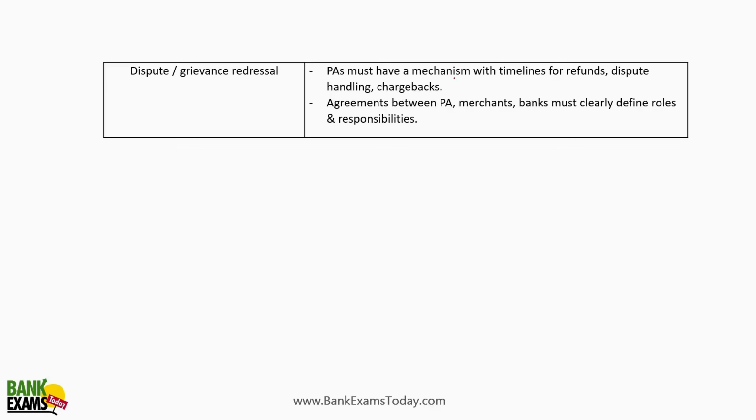The payment aggregator must have a mechanism for dispute handling. If there is a dispute between the person who made the payment and the merchant, there should be a proper dispute handling system. There should be a proper mechanism for chargebacks, for refunds, right? Agreement between the payment aggregator, merchant, and banks must clearly define the rules and responsibilities. Okay.